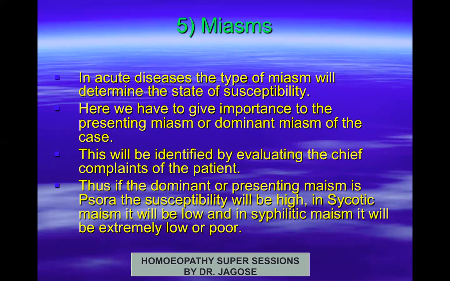From the chief complaint, we can find out the dominant miasm or the presenting miasm. So this will be identified by evaluating the chief complaint of the patient. Thus, if the dominant or presenting miasm is psora, the susceptibility will be high, psychotic low, syphilitic extremely poor or low. So in acute disease, we're just taking the LSMC form, seeing the presenting miasm, and then we can determine the state of susceptibility.